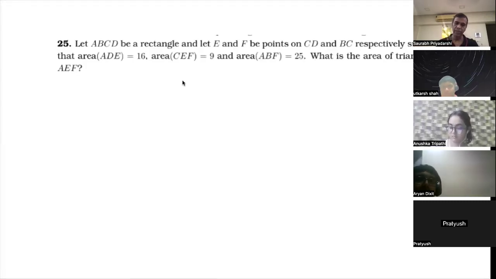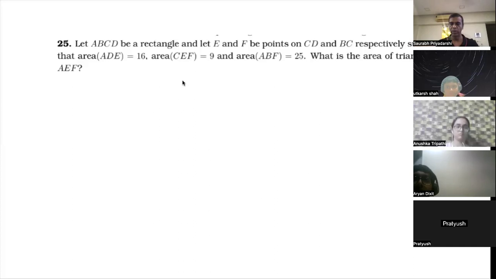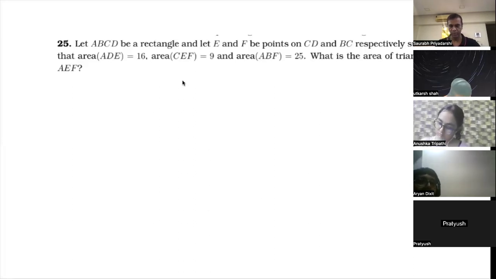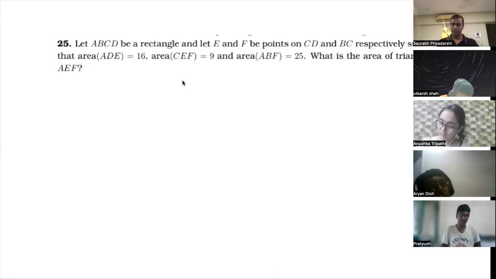Let ABCD be a rectangle and let E and F be points on CD and BC respectively, so that area of ADE is 16, area of CEF is 9, and area of ABF is 25. Find the area of the triangle AEF.